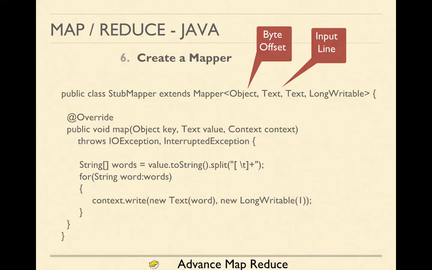That's what all these classes, text, long writable and int writable, are: kind of wrappers. Before handing over the keys or the values to Hadoop, you wrap them in another box. We are creating a new text box, putting the word inside it, and then handing it over. The reasoning from Hadoop is that these classes are far more efficient in data transport.